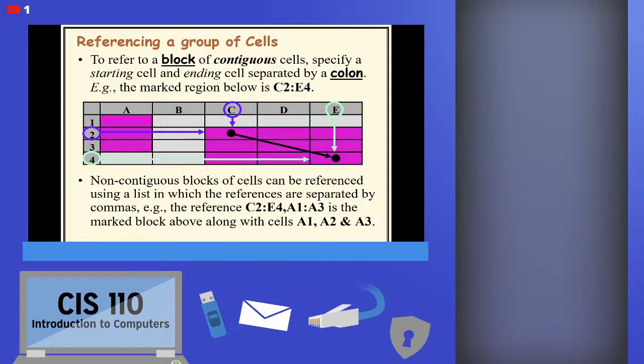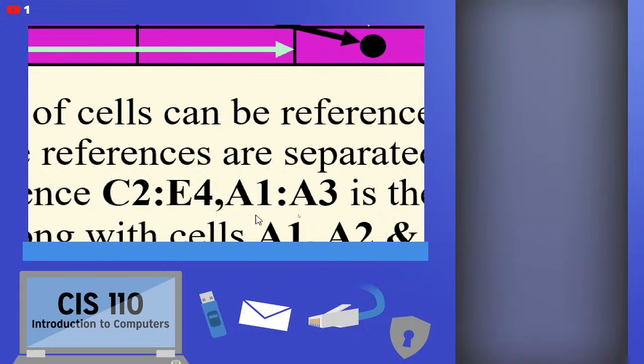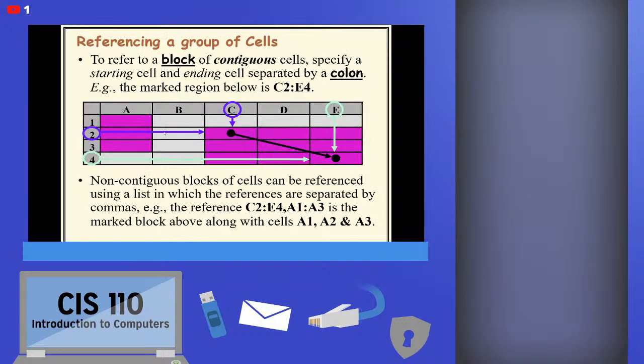This segment that we have highlighted in purple now is what we have referenced in our cell here: C2:E4, A1:A3. It represents the segment of our cells that we have identified in purple at this point in time.